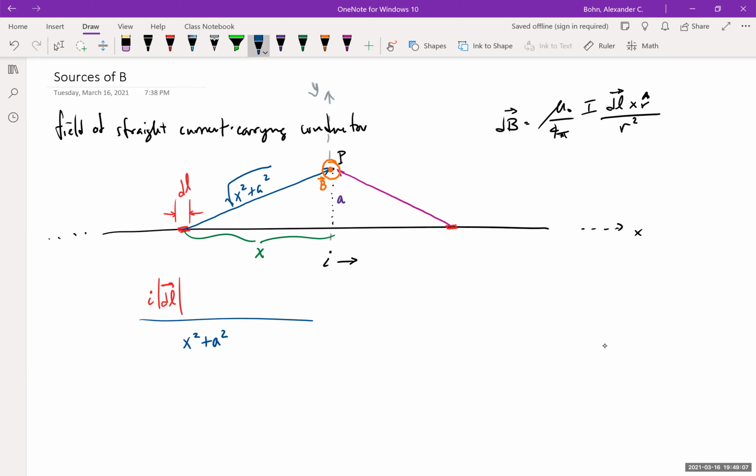The only other piece we need to write the magnitude of the cross product, because that's all we're doing, everything's in the same direction. So this is a magnitude question. Now that we've already established the direction, we just need the magnitude. So magnitude, sine of the angle between.